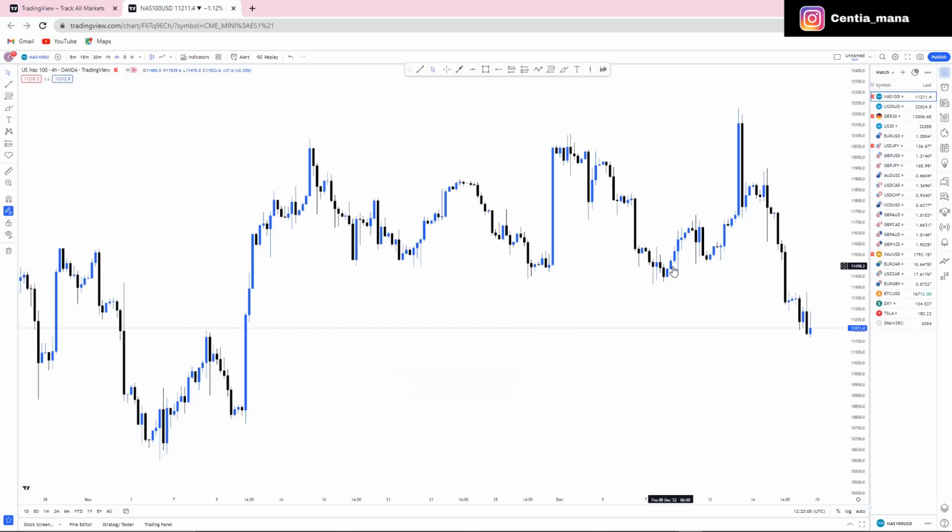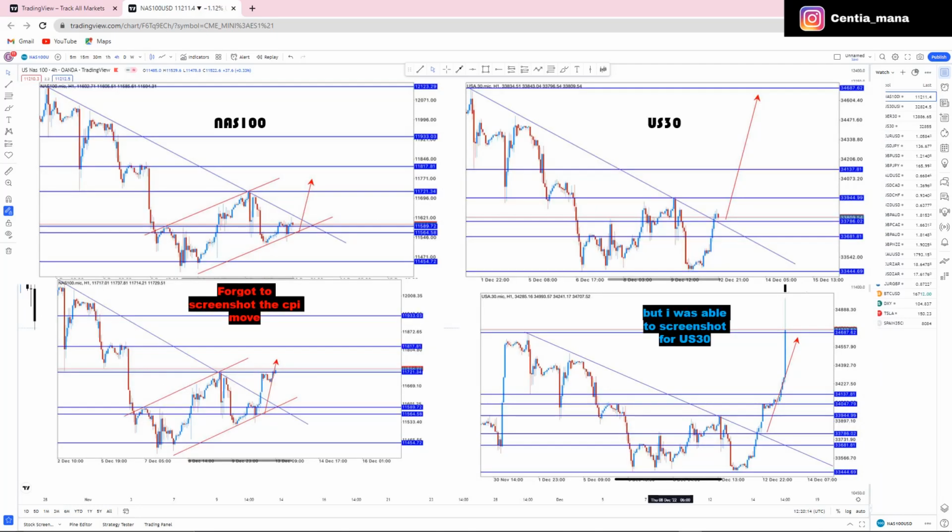So in today's video, I am showing you guys how I analyzed for CPI as well as FOMC. And I was obviously trading NASDAQ and US 30. And right here on the screen, I'm sure you can see both analyses for US 30 as well as NASDAQ. So it all went as planned.